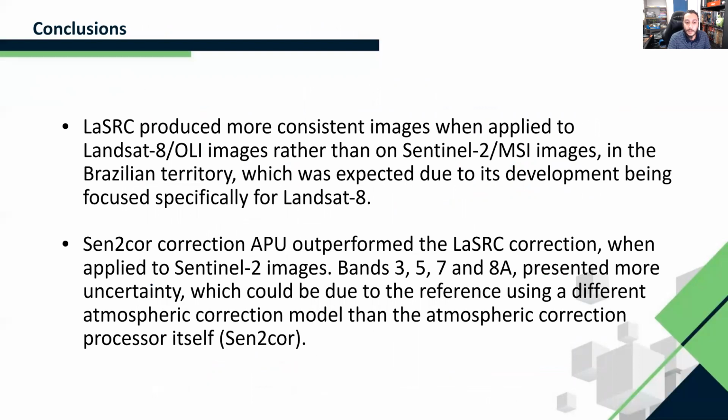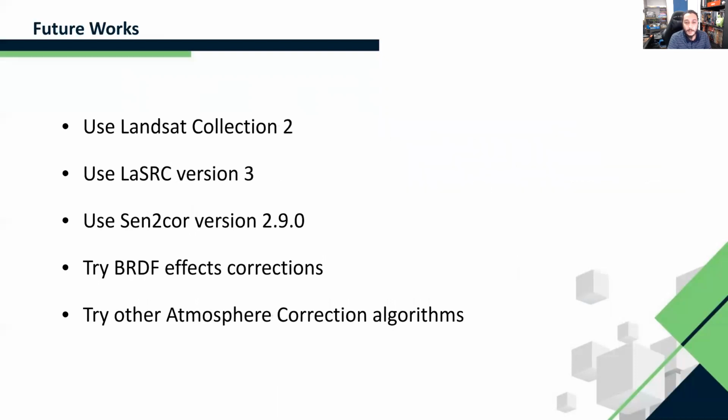We also noted that Sen2cor's APU metrics outperformed the LaSRC correction on the Sentinel-2 images. Even though they presented uncertainty, and even though the reference used a different atmospheric correction model, Sen2cor performed best for Sentinel-2 images.